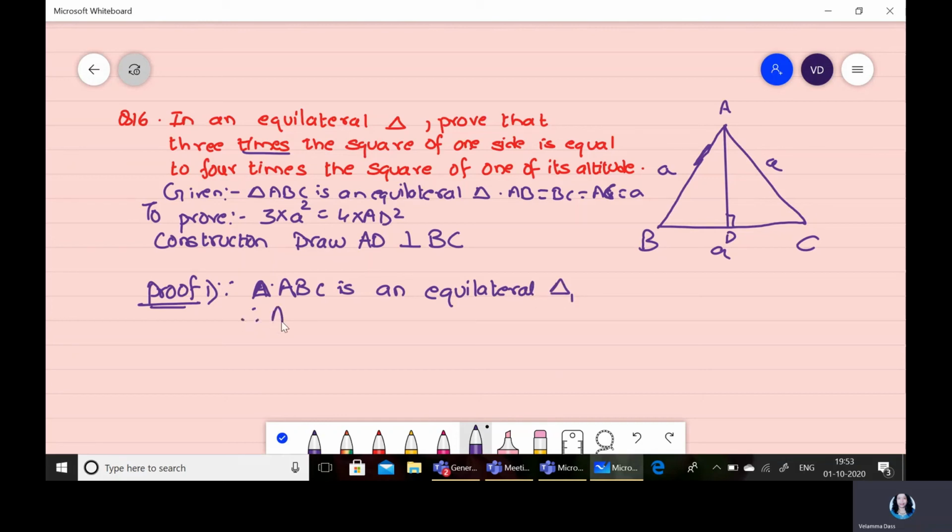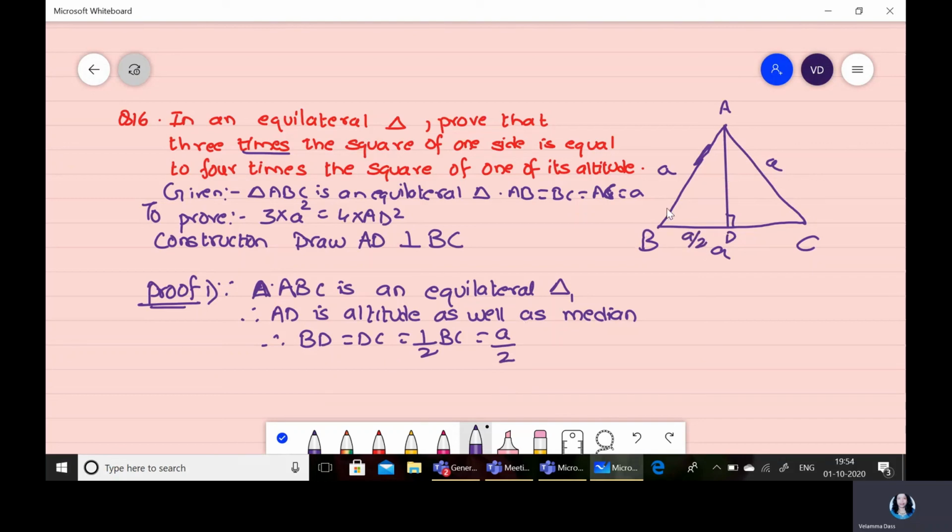If it is a median, it will bisect the opposite side. So BD and DC are half of BC. Therefore BD equals DC equals half of BC, which is nothing but A upon 2.